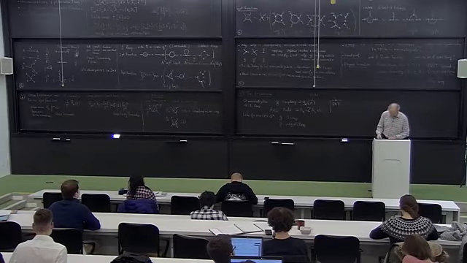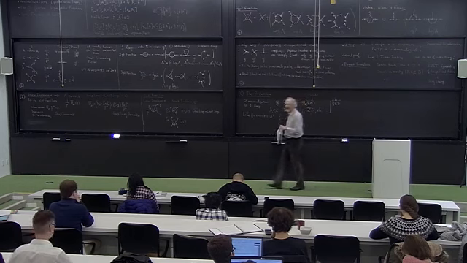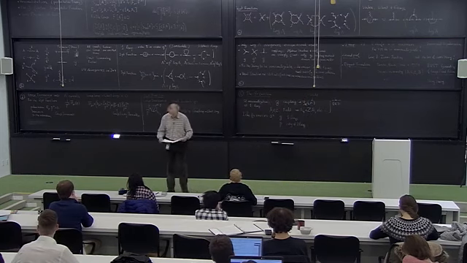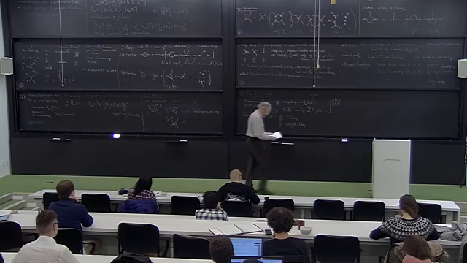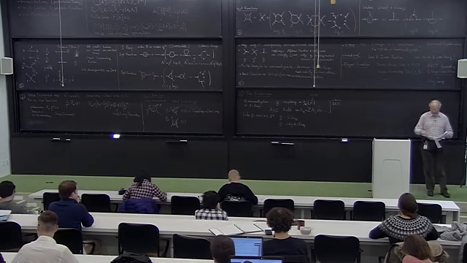Now, I'm not going to present any detail, the calculations are a bit complicated, but you can find them in any good textbook, like for instance the Peskin and Schroeder textbook, or standard other books that treat non-abelian gauge theories. It's a few pages.